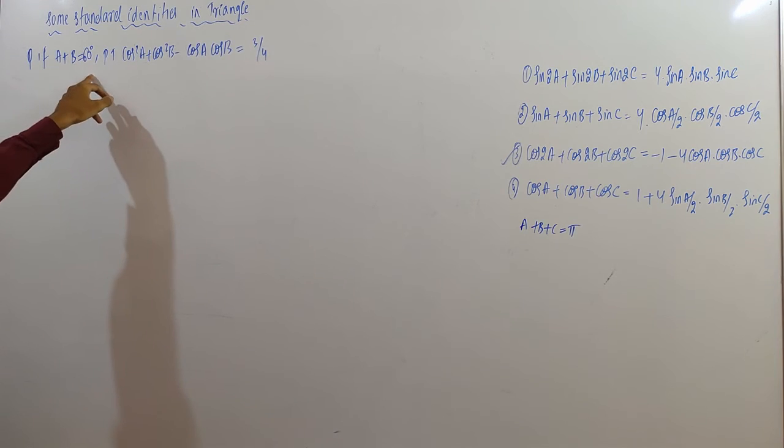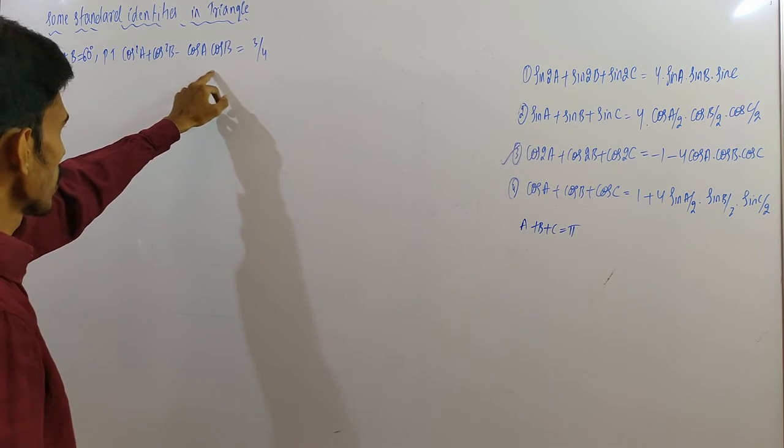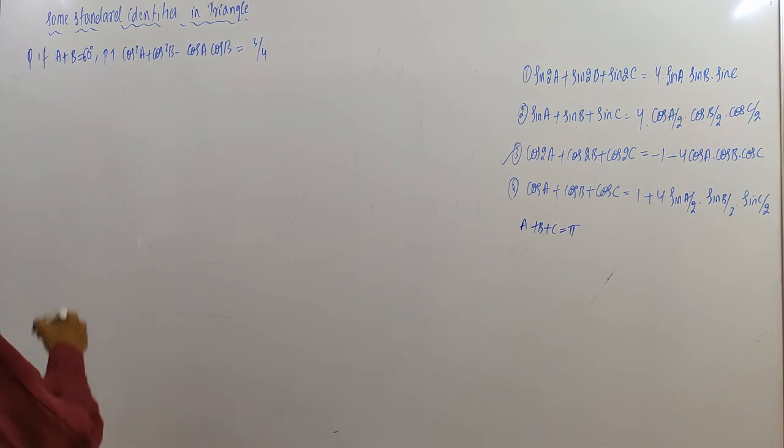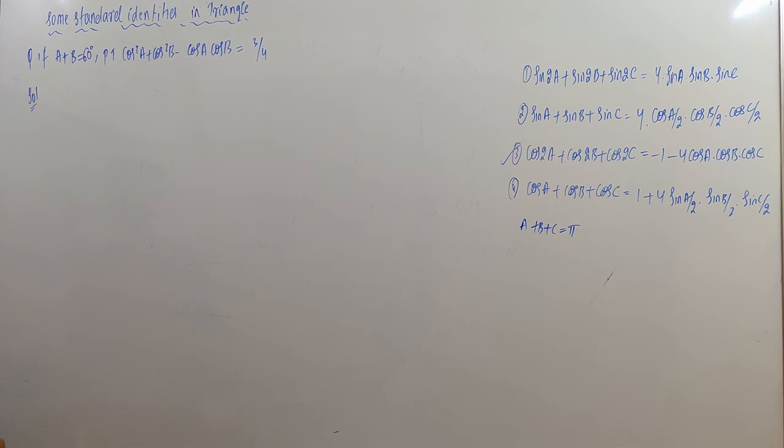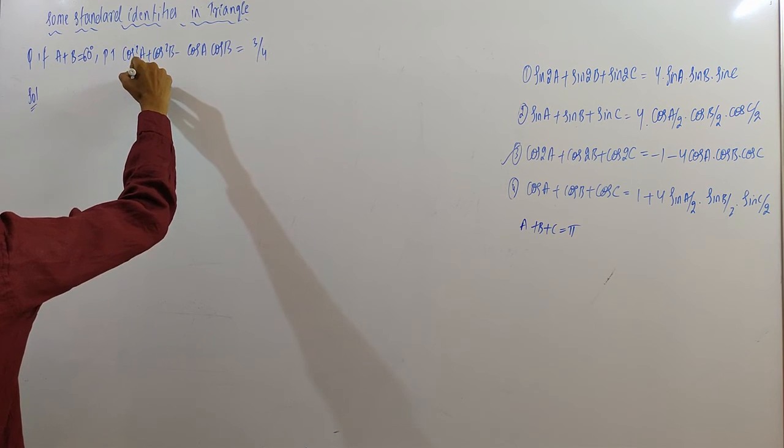A plus B is 60, cos square A plus cos square B minus cos A cos B value is 3 by 4. We have to prove it. Now change one of them into sine.